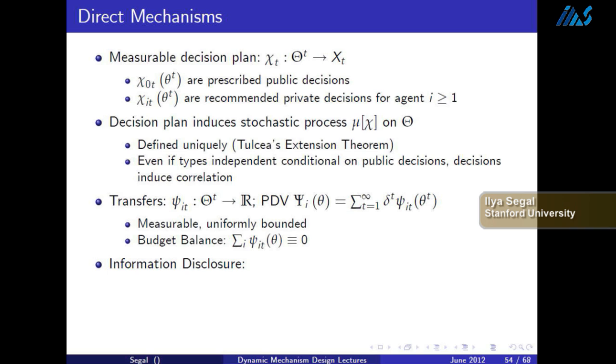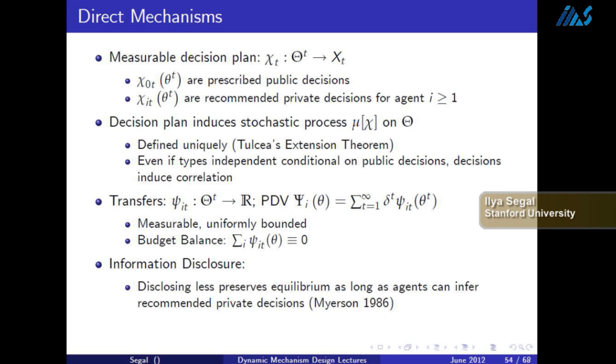Now, what about information disclosure? In general, information disclosure matters in these mechanisms. Something that maybe I forgot to say last time is that when we looked at sufficient conditions for implementability, the version of the weak monotonicity condition I gave said that you can implement the mechanism with minimal information disclosure, where minimal disclosure means you observe only your own consumption.